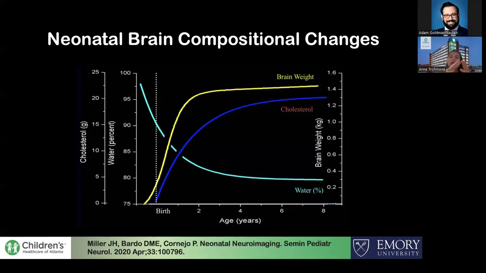All those components get integrated into the developing myelin of the cerebral white matter. This is important to keep in mind because these microstructural brain tissue changes underlie the dynamic changes that we see on MRI during normal brain development.